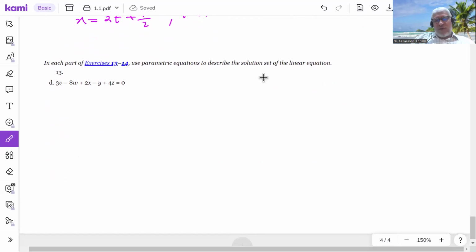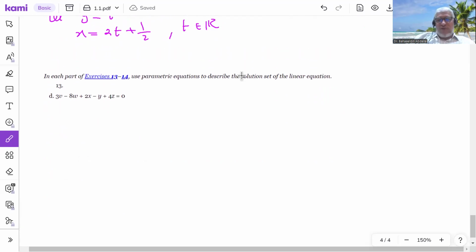Use parametric equations to describe the solution set of the linear equation. I have 1, 2, 3, 4, 5 variables here, 5 unknowns in one equation. So of course, there are infinitely many solutions. We'll solve this equation for one of the variables.